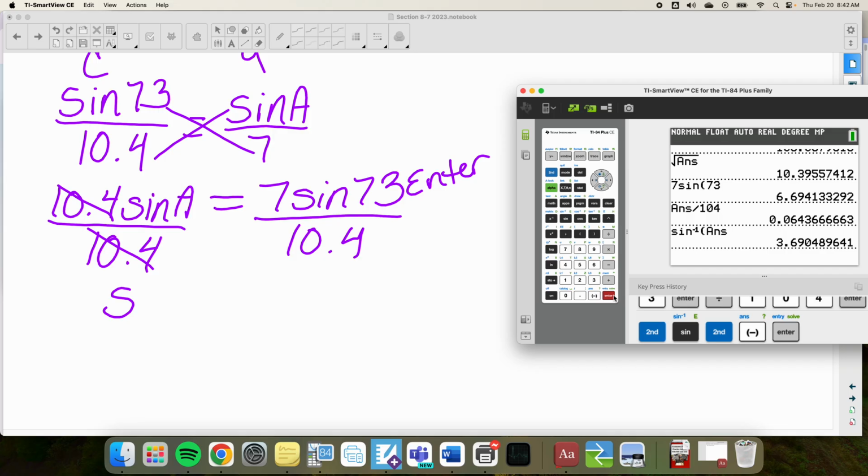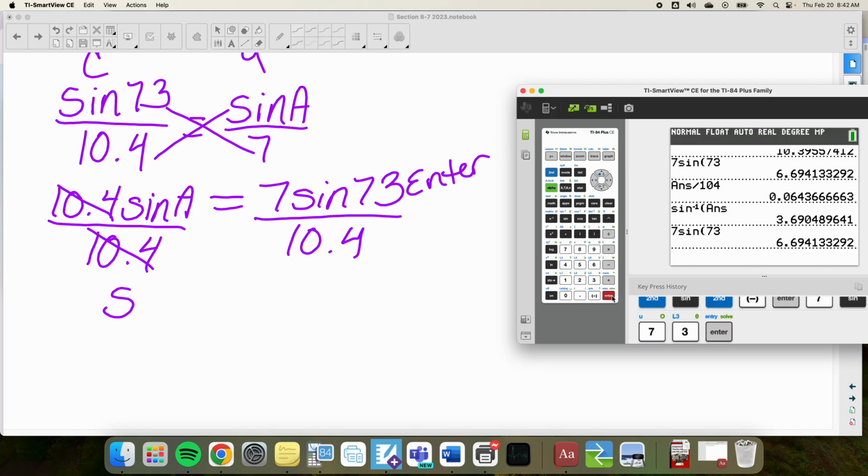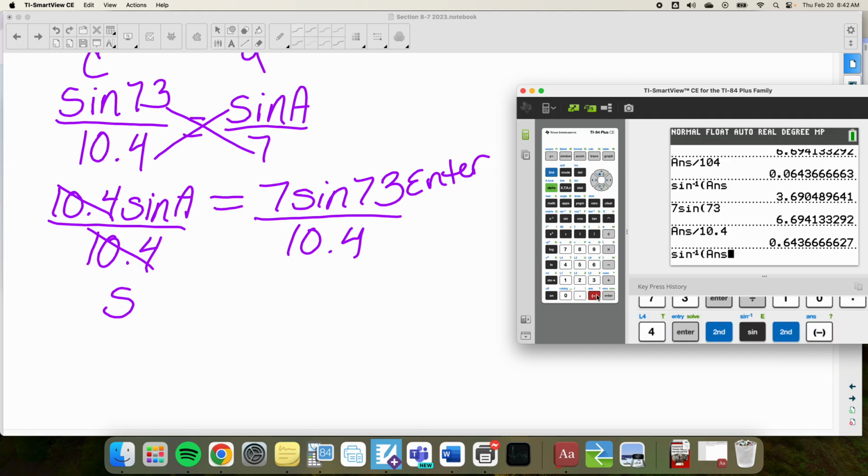What was that? Oh, yeah. You're right. Right here I should have done 10.4. Thank you. So it should have been 7 sine 73 enter divided by 10.4, and then second sine second answer.